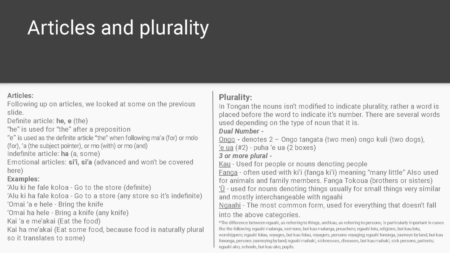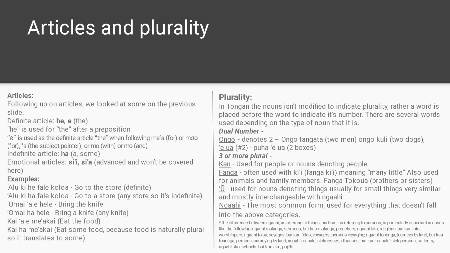But the asterisk here is very important. So the difference between ngahi as referring to things and kau as referring to persons is particularly important in cases like the following. Ngahi malanga are sermons, but kau malanga are preachers. Ngahi lotu are religions, but kau lotu are worshippers.